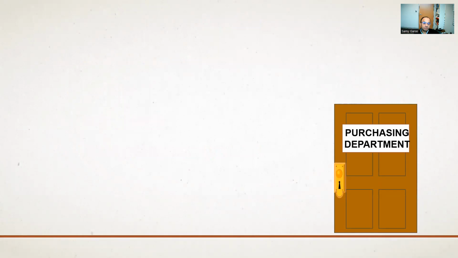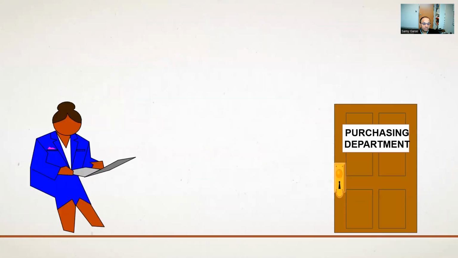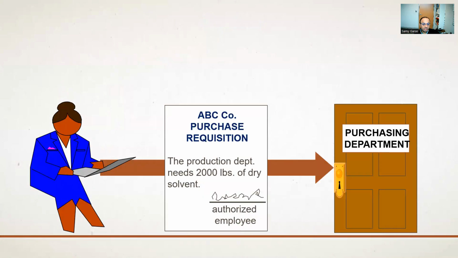In the inventory and cost of goods sold cycle, the process usually starts by any employee in any department who is keen to buy some materials or products, where they send a purchasing requisition to the purchasing department. And this will be the first document that you need to be aware of in the auditing class.